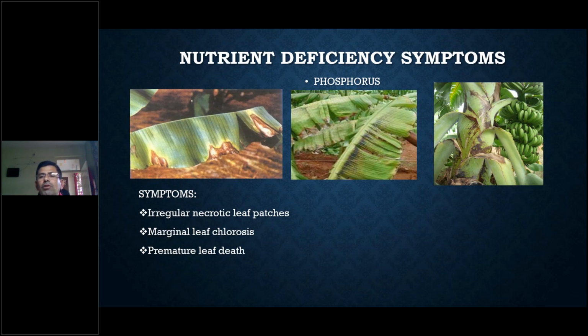It's called premature leaf death. Once the leaves are bent from the stem, that leaf's lifespan is over. So we have to plan our fertilizer application schedule very carefully. The phosphorus, within the first 3 to 5 months, up to 5 months, we need to complete our entire phosphorus dosage.